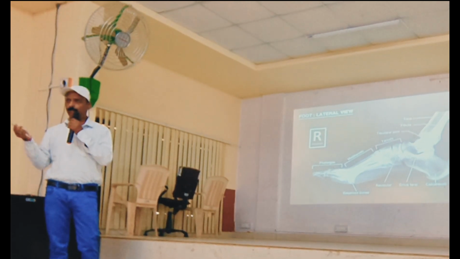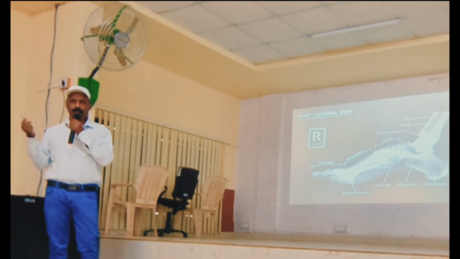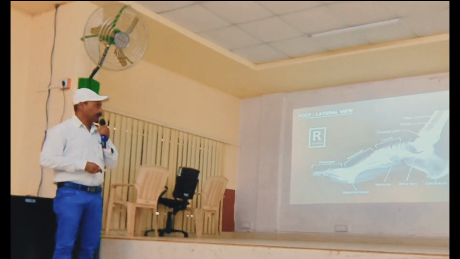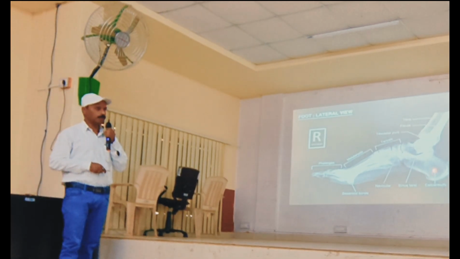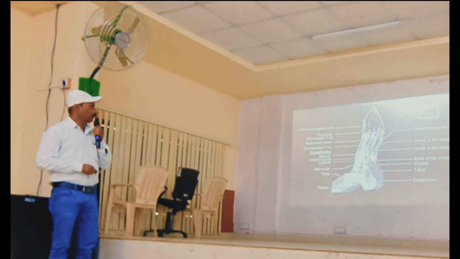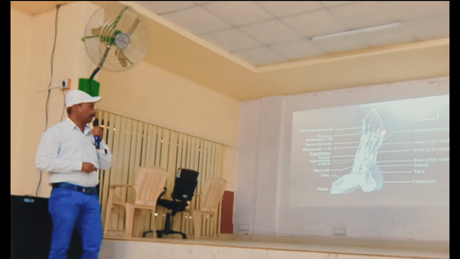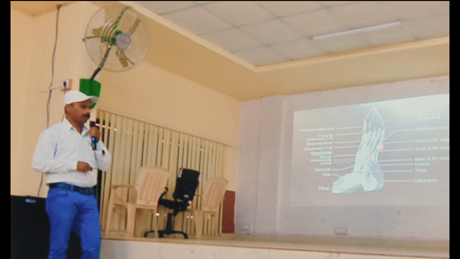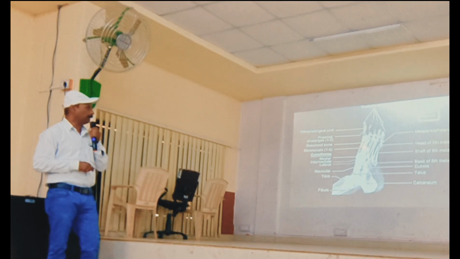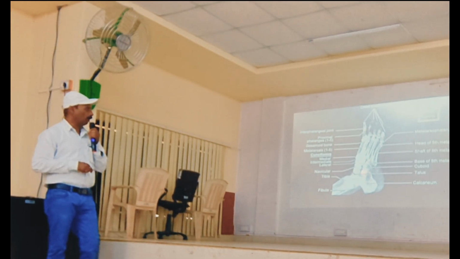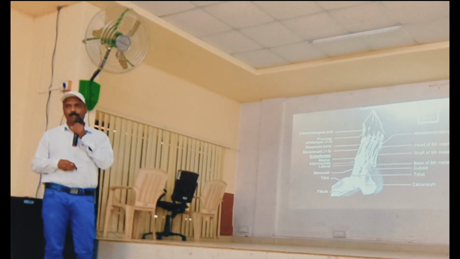As I told you, the mnemonic for the carpal bones is: she looks too pretty, try to catch her. All these things we see in the lateral view. This is the superior view, where we can see the first to fifth metatarsals, the phalanges, and the 7 tarsal bones.